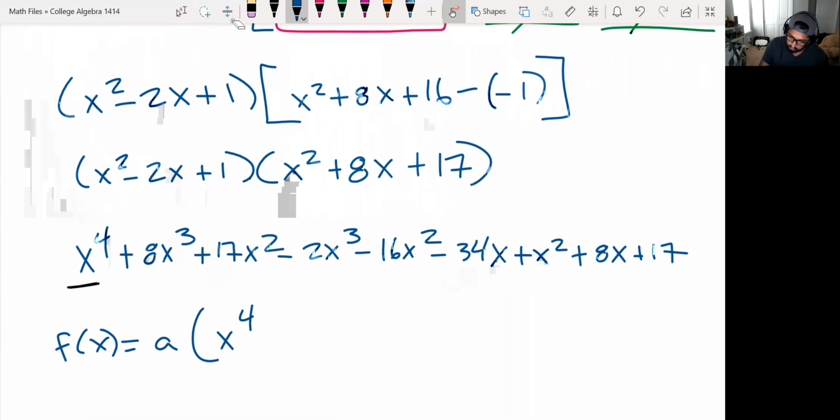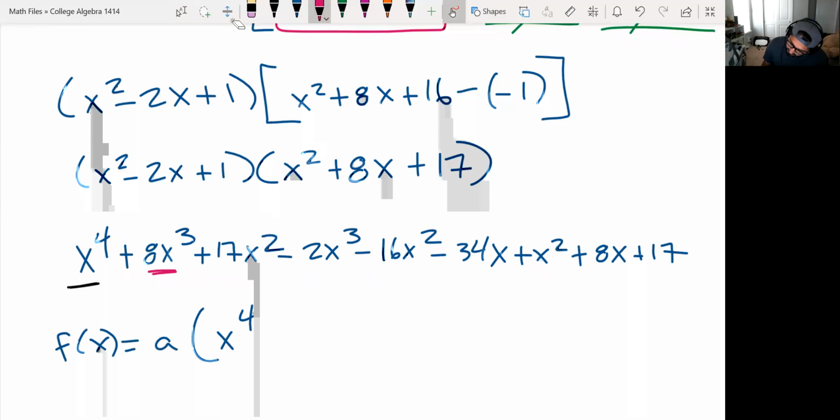And then we'll go over to our cubes, 8x cubed and negative 2x cubed. So I'll get 6x cubed. And then I'll go to my squares, 17x squared, negative 16x squared, and x squared. That's going to give me 2x squared.